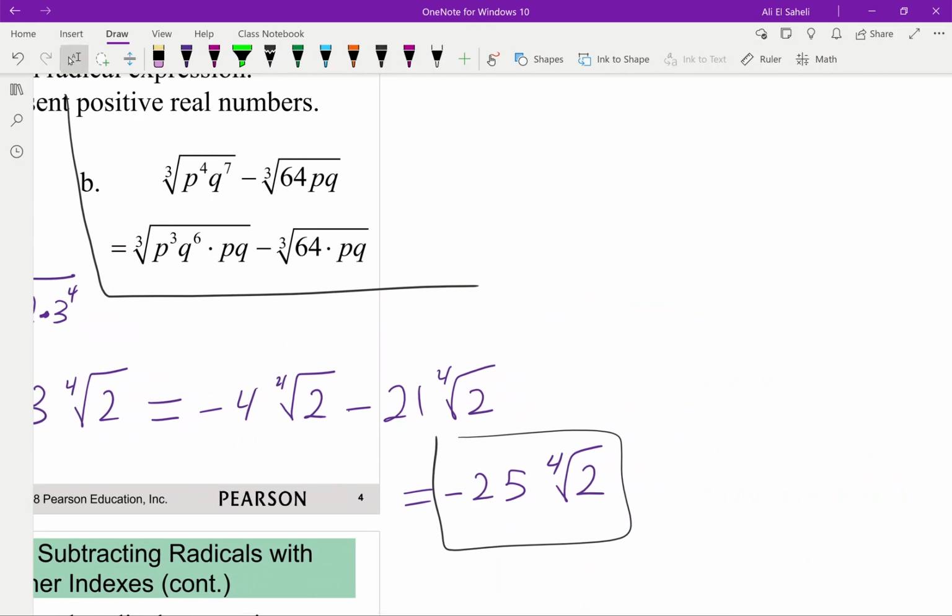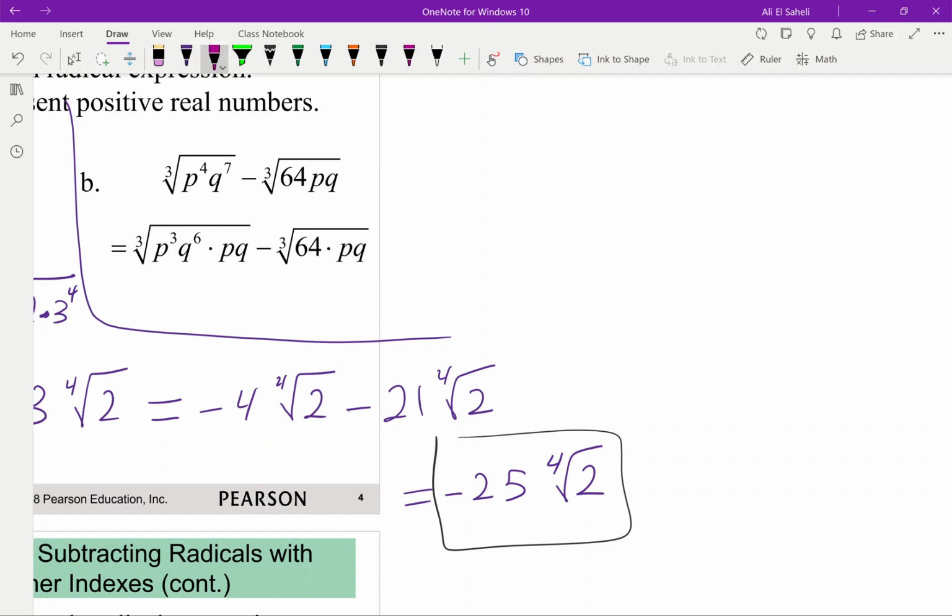Now this, we have a third root, so we want to find something here to the power 3 and something here to the power 3. P to the power 4 is P to the power 3 times P. Q to the power 7 is Q to the power 6 times Q. We need something to the power 3, or something that is divisible by 3.